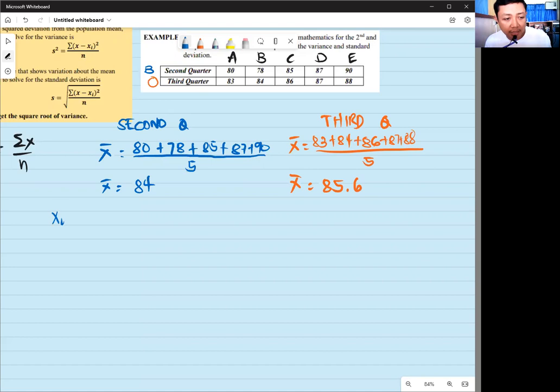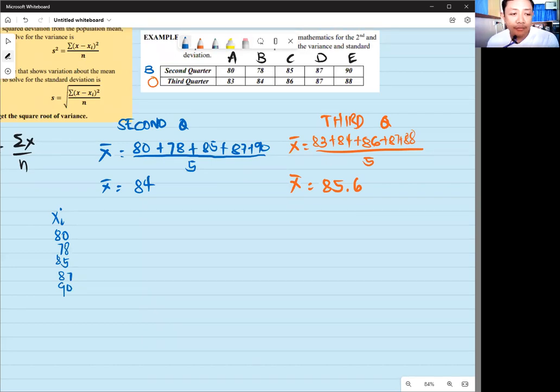The x sub i are actually your data. So we have here 80, 78. We'll just list them down. Don't mind the arrangement. It's okay if they are mixed up. We also have 85, 87, and 90. So there are 5 data.